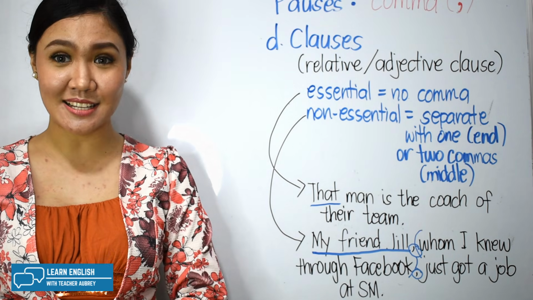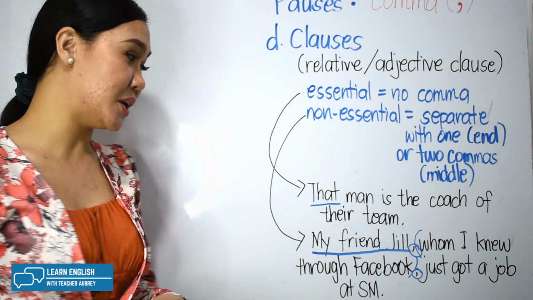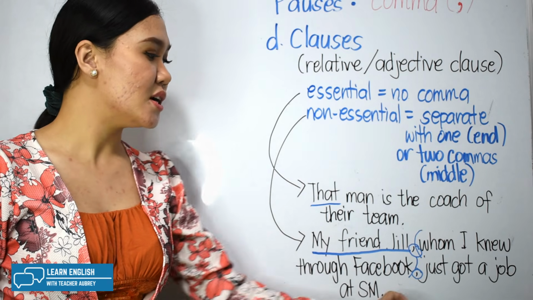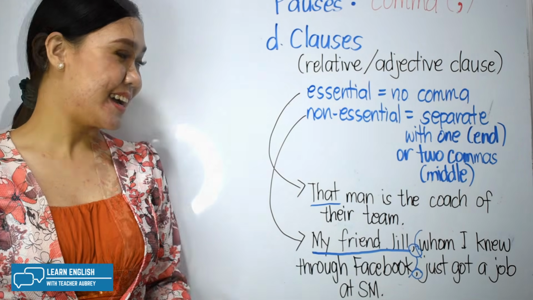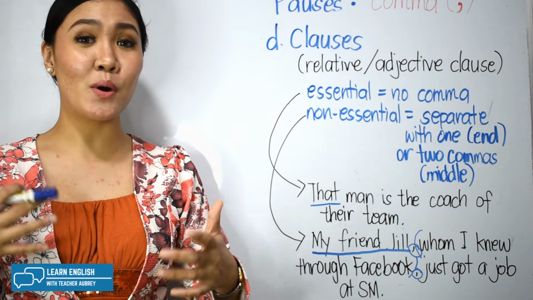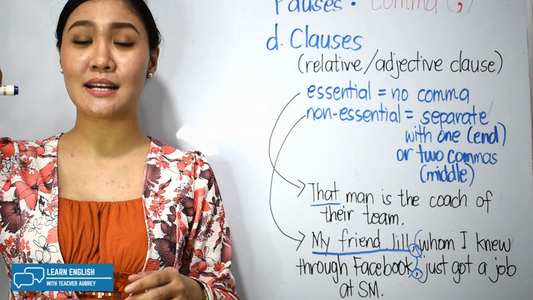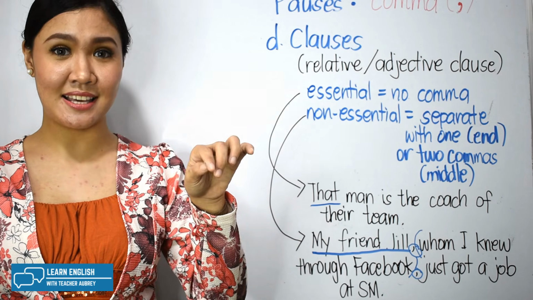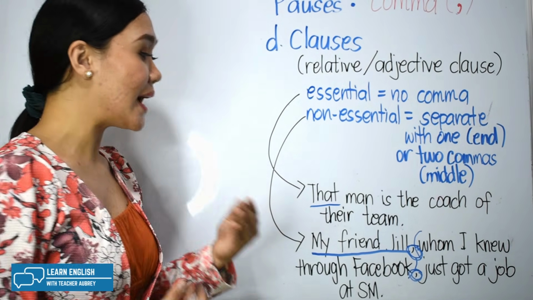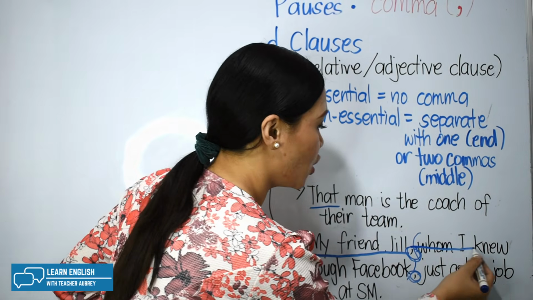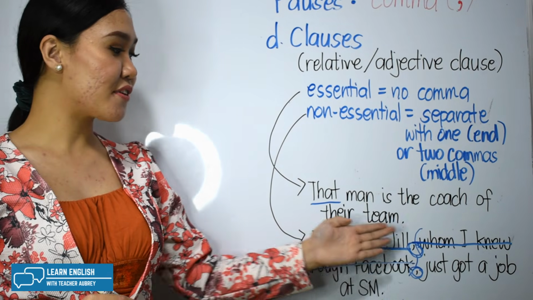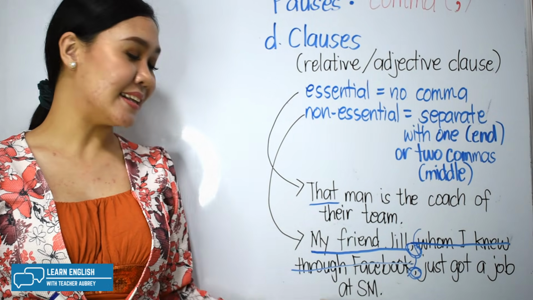Dahil kahit alisin natin yan sa pangungusap, buo pa rin ang kaisipan ng pangungusap. Gaya nga nasabi ko, kapag nasa gitna siya nakalagay, ihihiwalay siya gamit ang dalawang comma sa pagitan niya. 1, 2. Subukan nating alisin ang whom I knew through Facebook. Basahin natin nang wala siya. My friend Jill just got a job at SM.